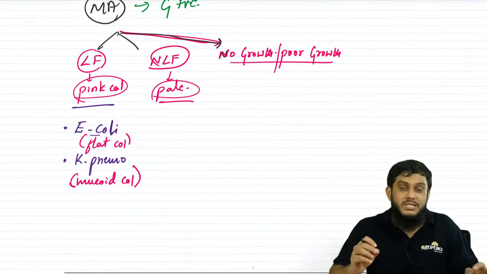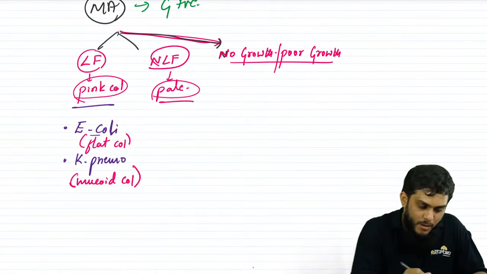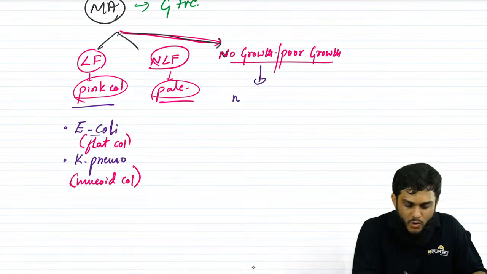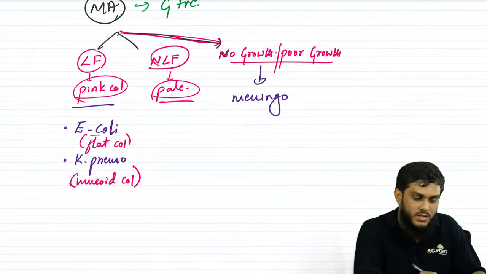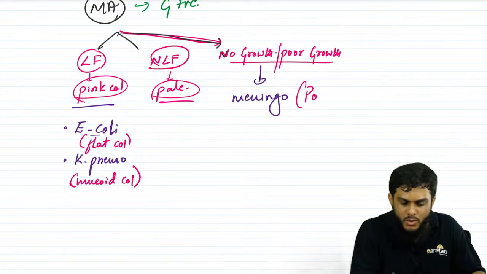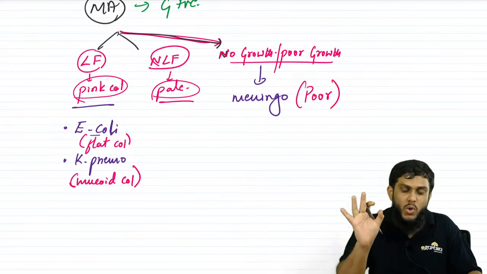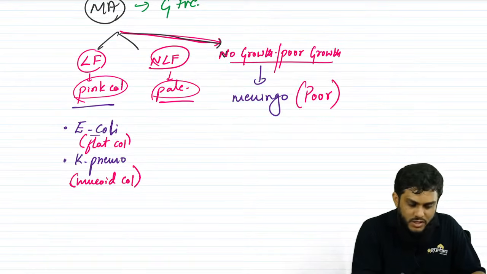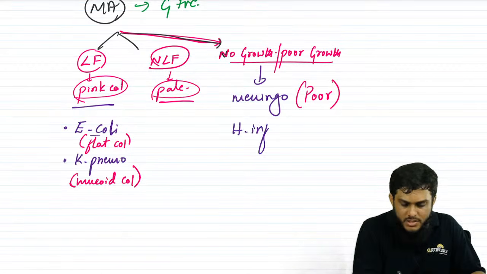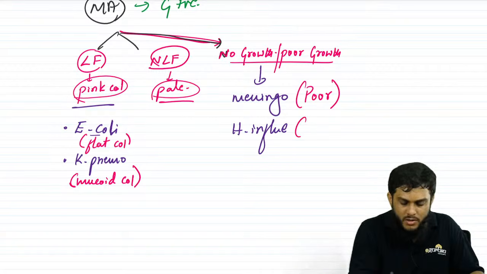Meningococcus and Haemophilus influenzae come here because Meningococcus grows poorly on MacConkey, or sometimes it will not grow. Haemophilus influenzae will not grow on MacConkey, no growth.